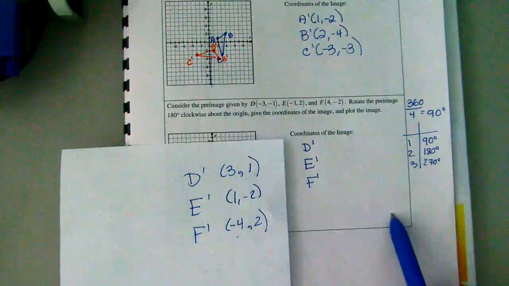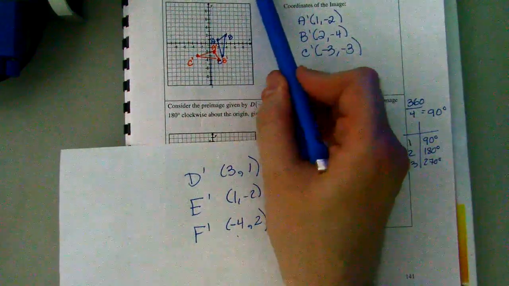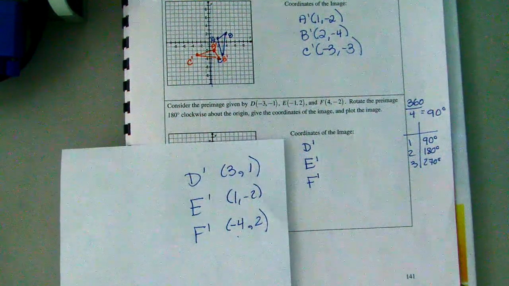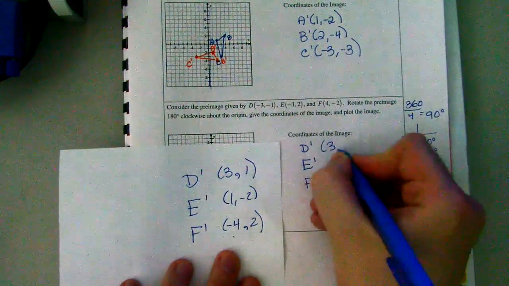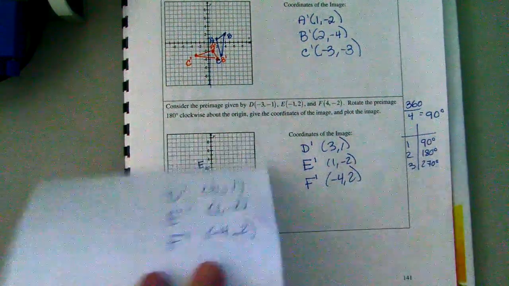For the first one, if you just flip them, negative 2, negative 1, that's not the answer. No, I mean the whole paper. Yeah, flip the paper. That's what I'd rather do. 3, 1. 1, negative 2. Negative 4, 2.